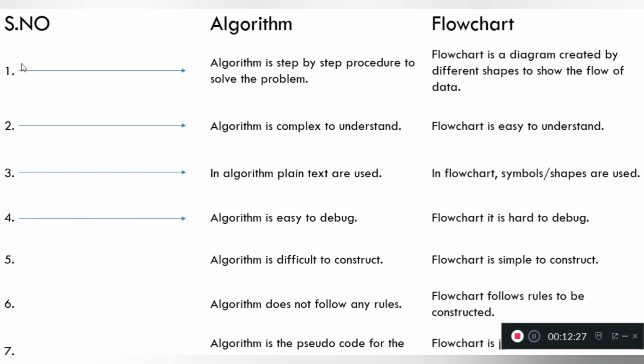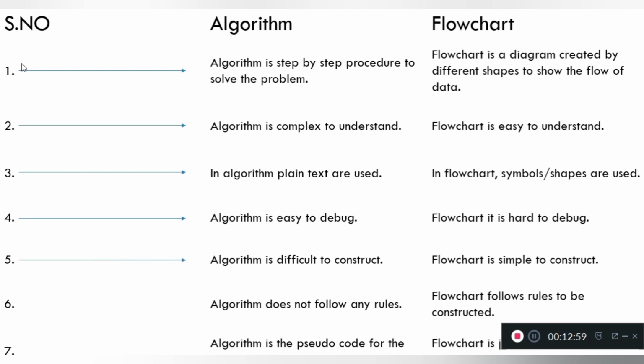Algorithm is easy to debug. Now what is debug? Debug means to find out the mistake in the whole problem or in a solution. Whereas in flowchart, it is hard to debug. Means in a flowchart, it is quite difficult to find the mistake.